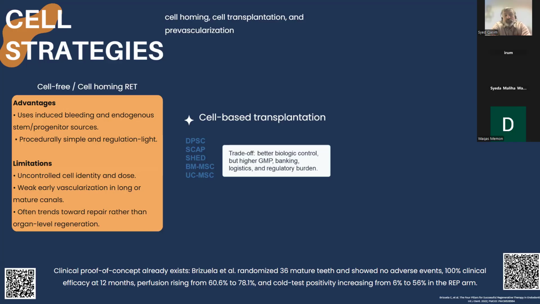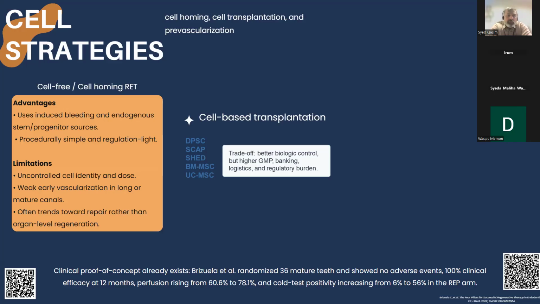Procedurally simple and regulation light. So regulation light, as in whenever you are devising a regenerative therapy and you're taking cells into consideration, always make sure that there's not a lot of red tape around it, because using certain cell types, you will be asked questions about it.